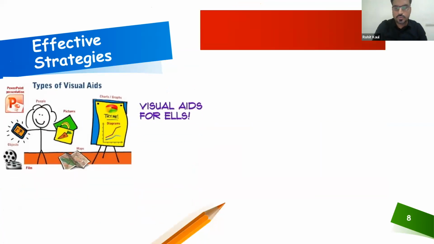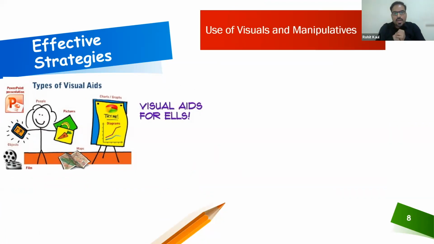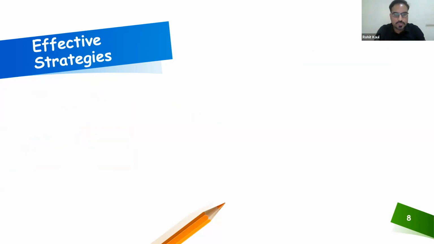Now I'll move to the next strategy, that is use of visuals and manipulatives. I want to ask in this forum what kind of tools you usually use in your visuals and manipulatives, apart from what I'll be sharing here.